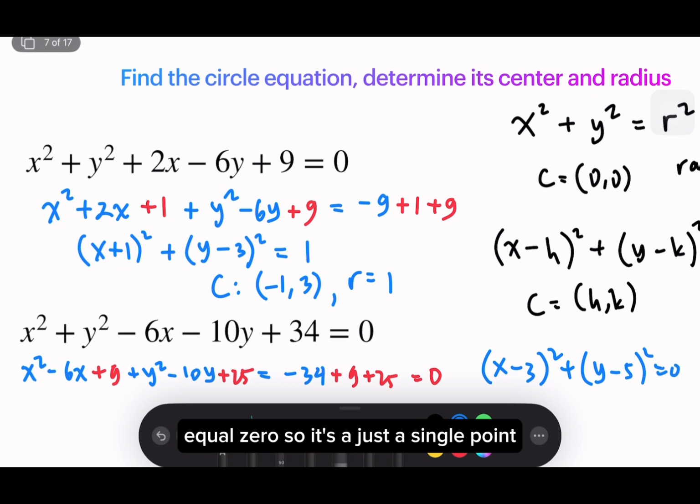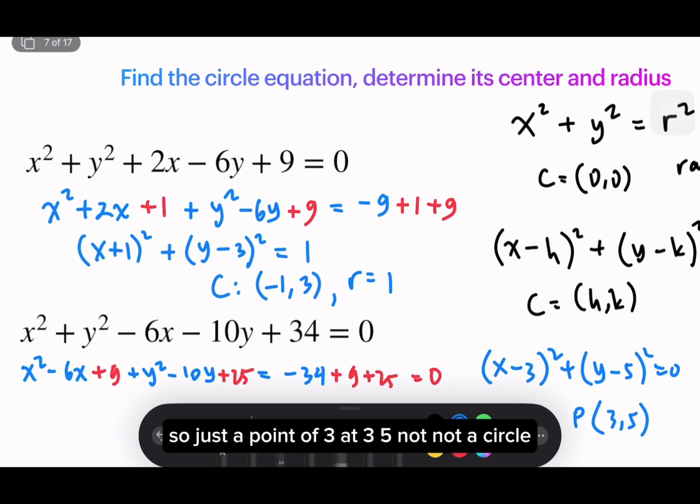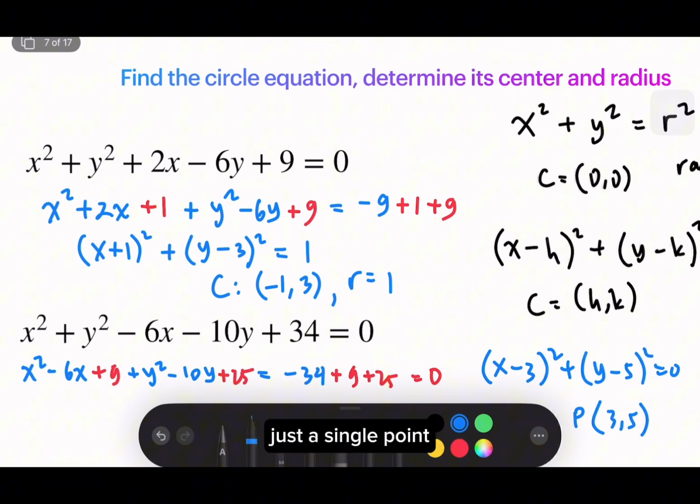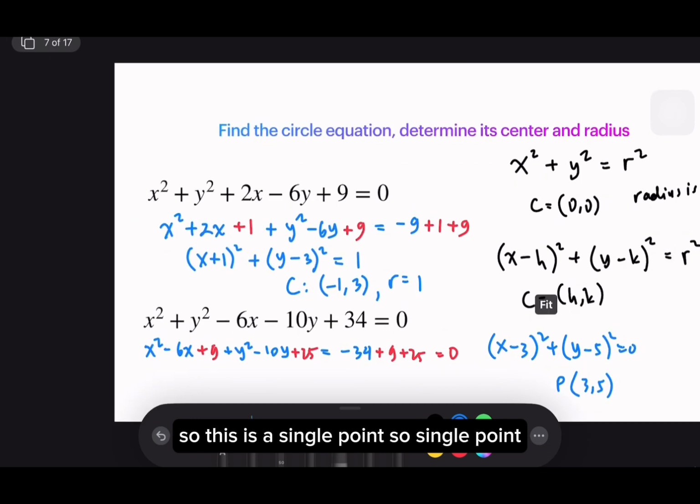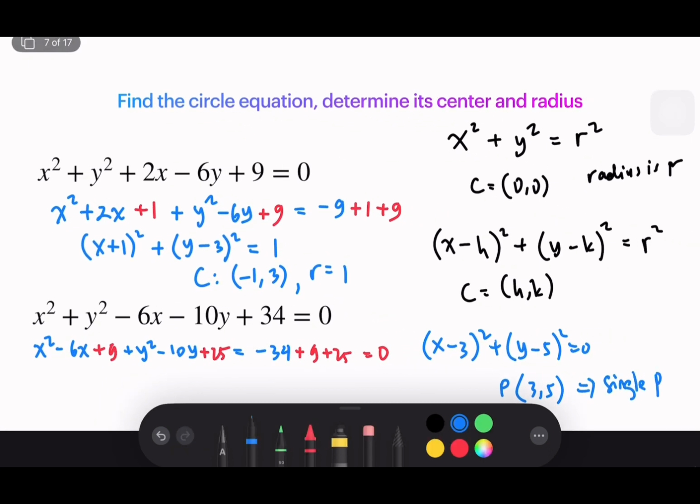So it's just a single point, the point (3, 5). Not a circle, because the radius is 0. Just a single point.